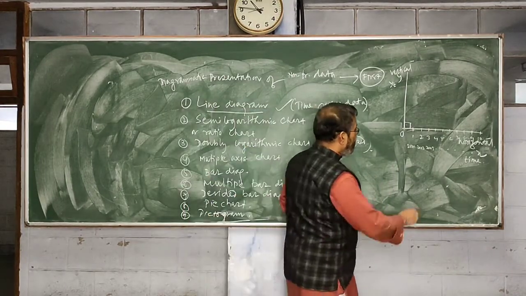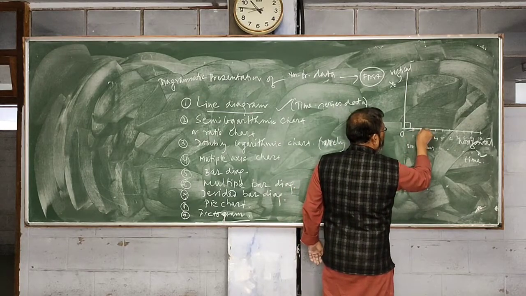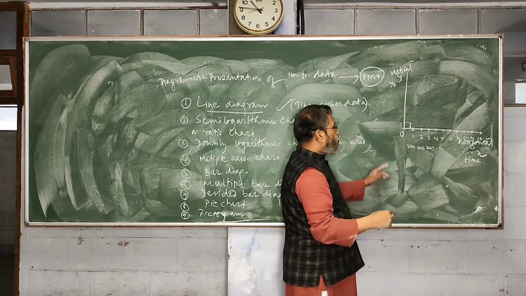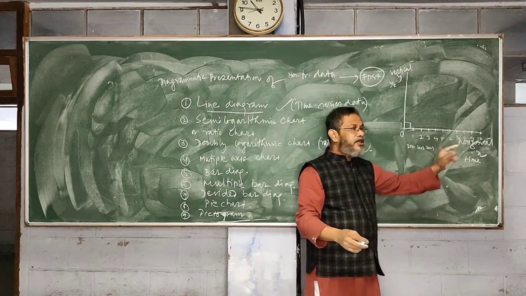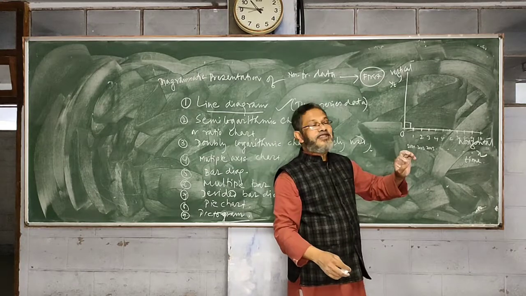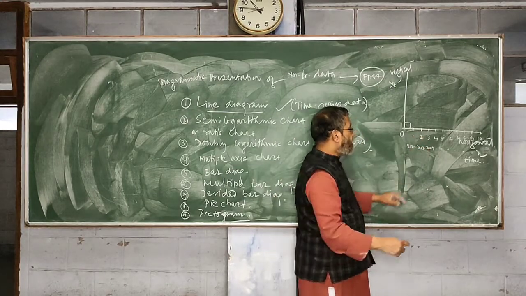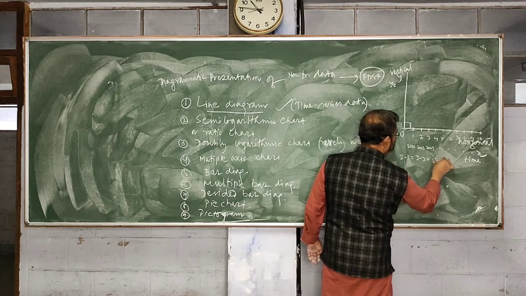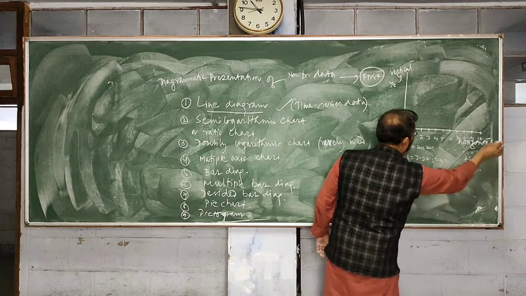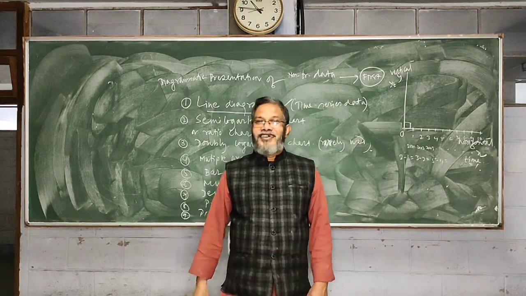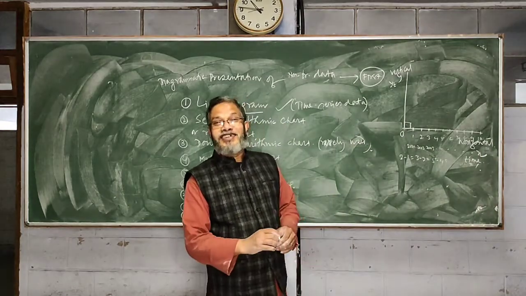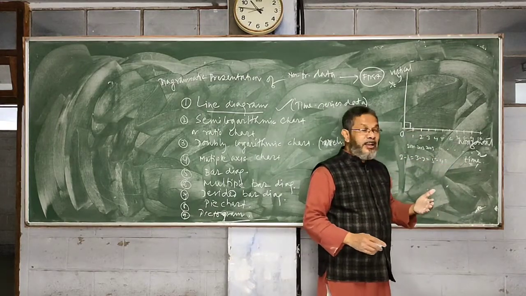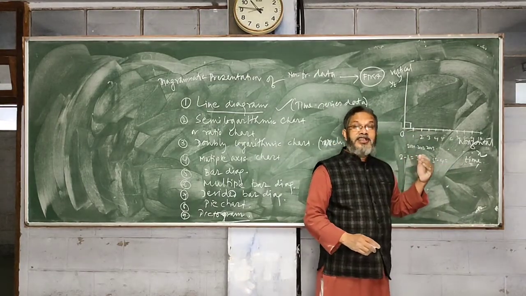And you see here, these points are equidistant, meaning 0 to 1, 1 to 2, 2 to 3, 3 to 4 are equidistant, meaning 2 minus 1 equal to 3 minus 2 equal to 5 minus 4 equal to 1. It means the scale I used is arithmetic.